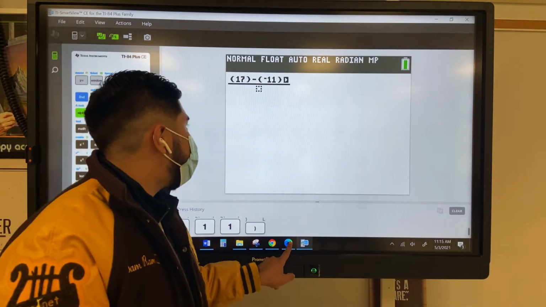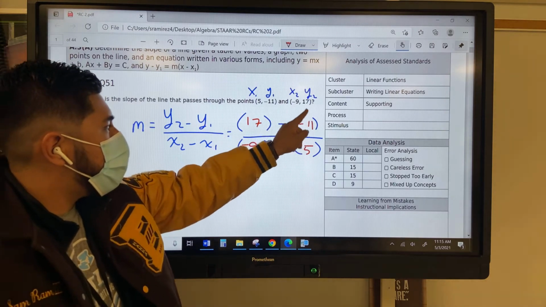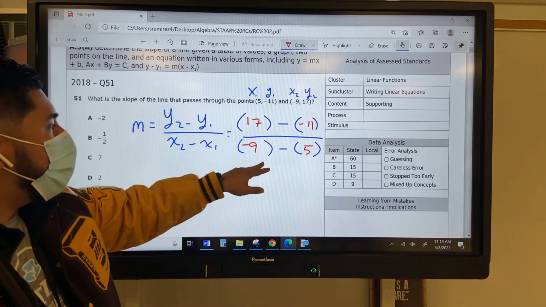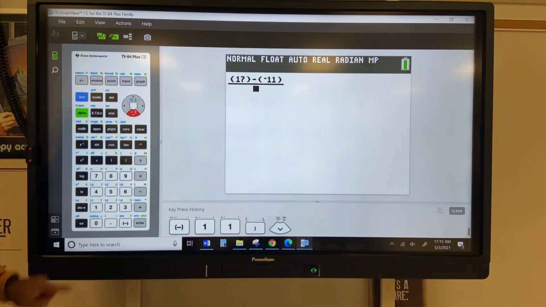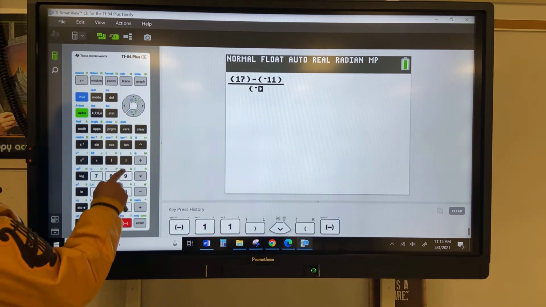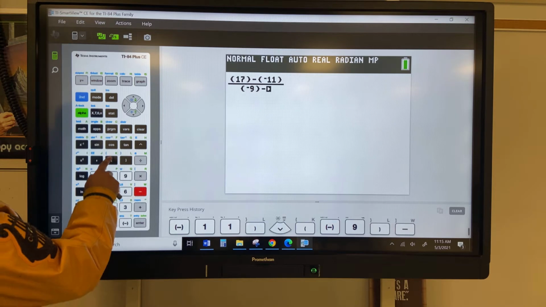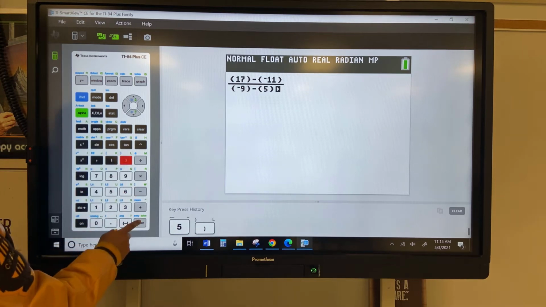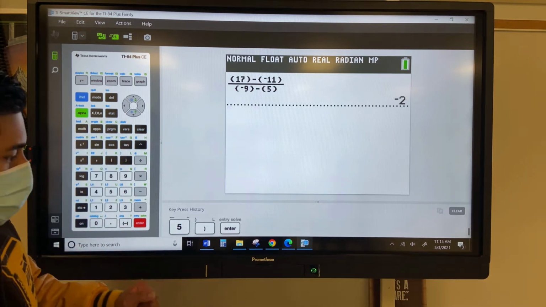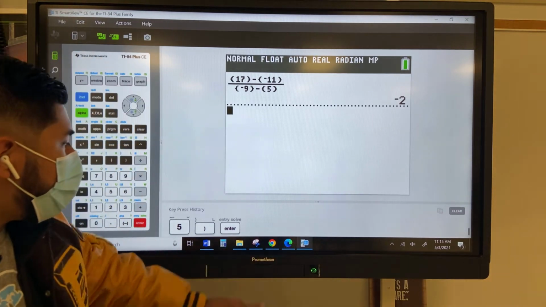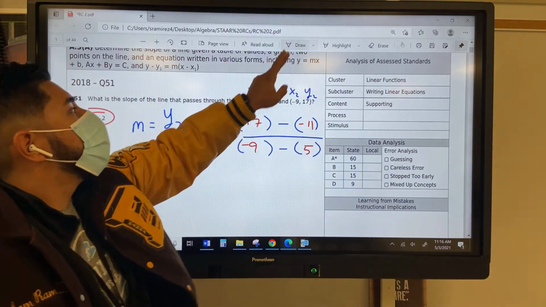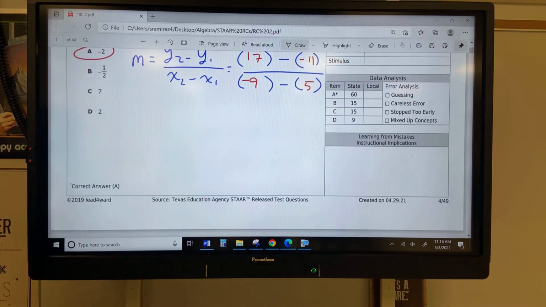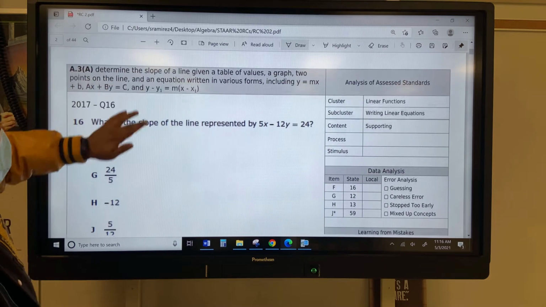Negative 9 minus 5 goes on the bottom. Go down. Parentheses negative 9 minus parentheses 5. Enter. My answer is 2 over here, negative 2. It's A. Let's double check that I got the right answer. Looks good to go. We keep going.